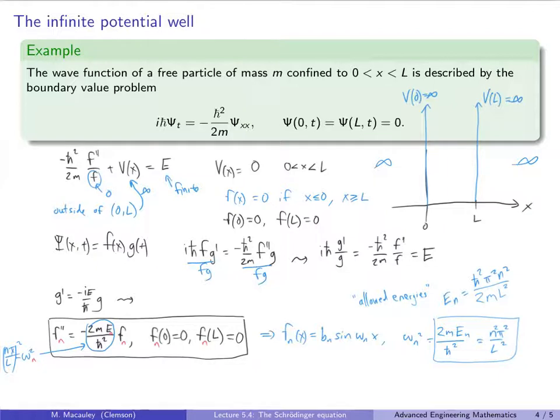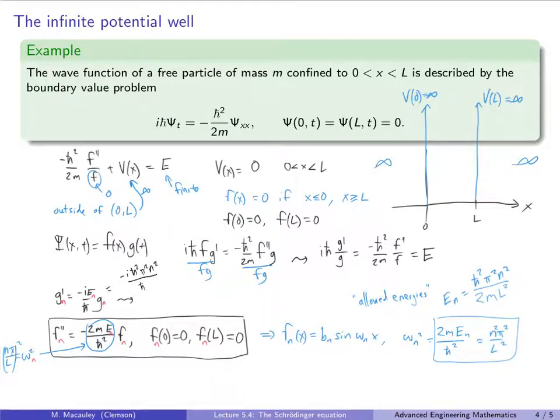Let's see what we have to do. So let's go up to G and let's put subscripts in there. So let's call this Gn prime and put En here. So what is G here? This is negative i times that. So that's negative i times h bar squared pi squared n squared over h bar.